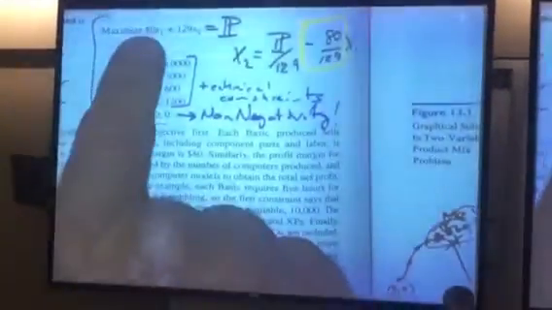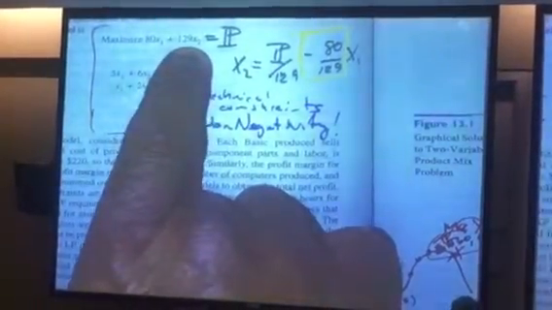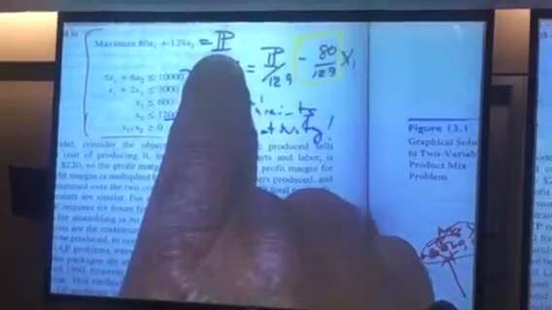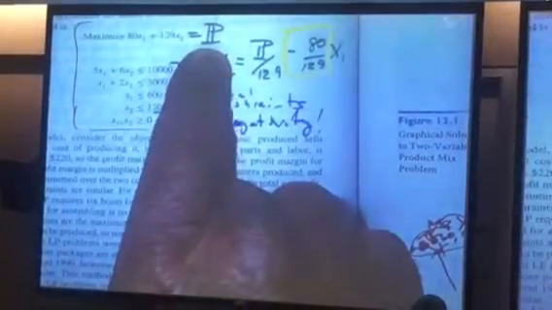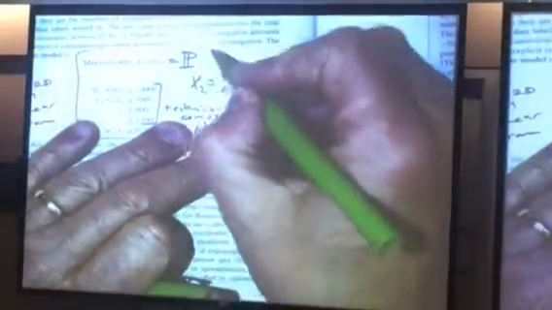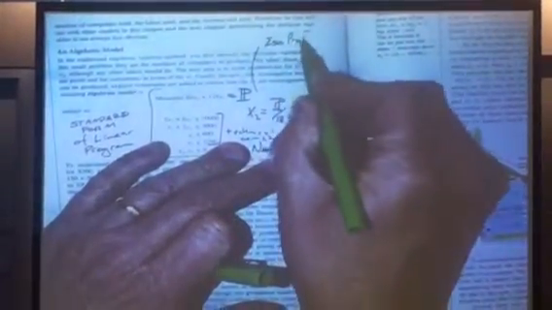If I convert this maximum 81x1 plus 129x2 into an equation, there's actually a big family of lines called isoprofit lines.